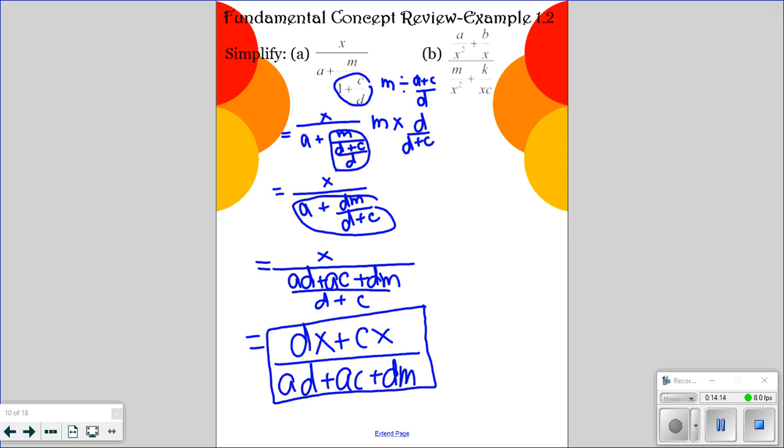For part B, we are trying to get, again, a simple fraction. And we've got 1, 2, 3, 4, 5 fraction bars that we actually need to get rid of. So what I like to do is get 1 fraction in my numerator, 1 fraction in my denominator first. So to get 1 fraction in my numerator, the common denominator is going to be an x squared.